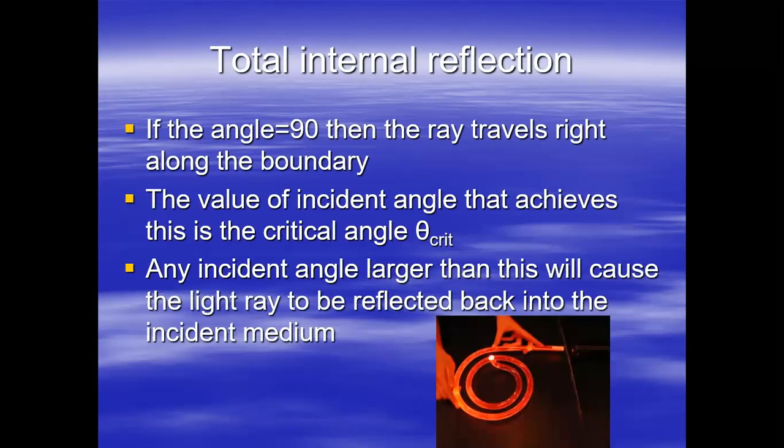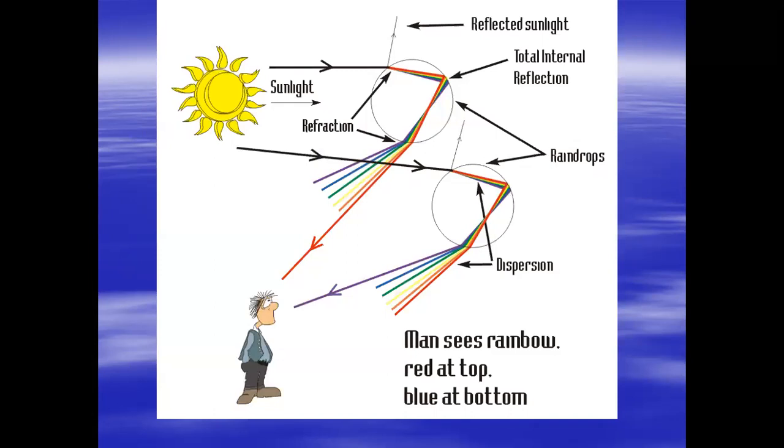So it's different for every combination of materials. So the sine of the critical angle is the ratio of the lower index number, the second one, to the higher index. So it's always going to be 1 or less. And if you come in at an angle larger than the critical angle, you'll get reflected back.